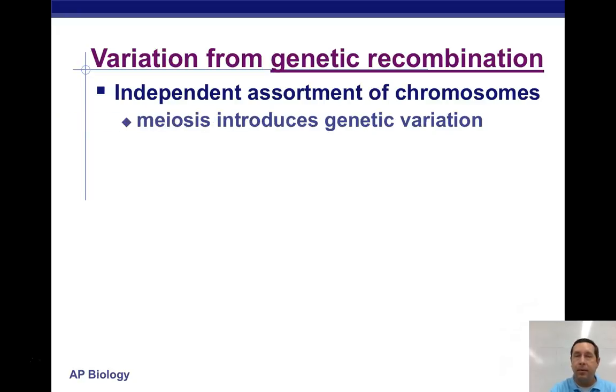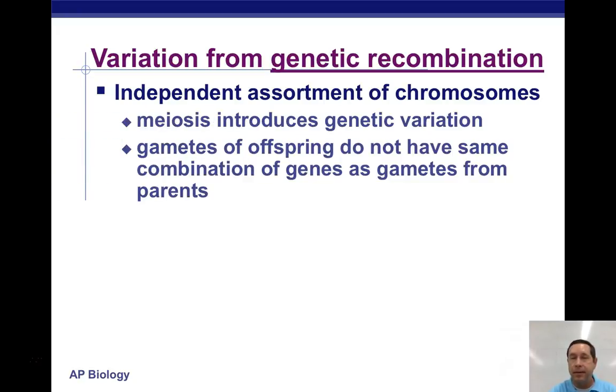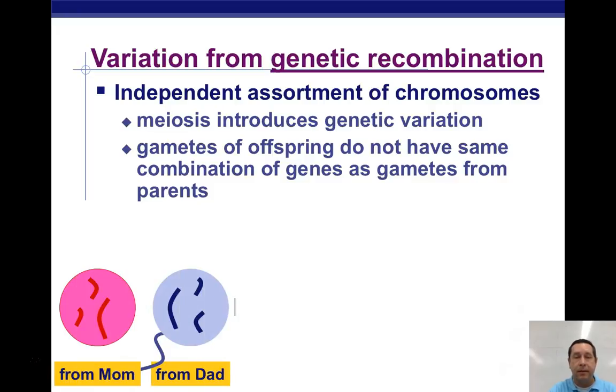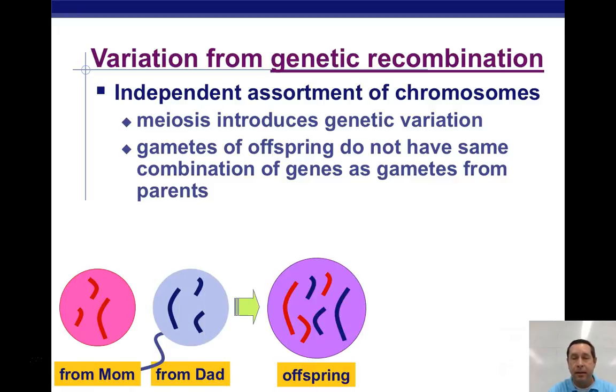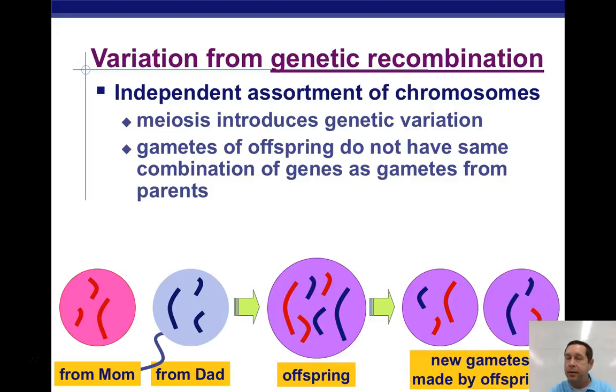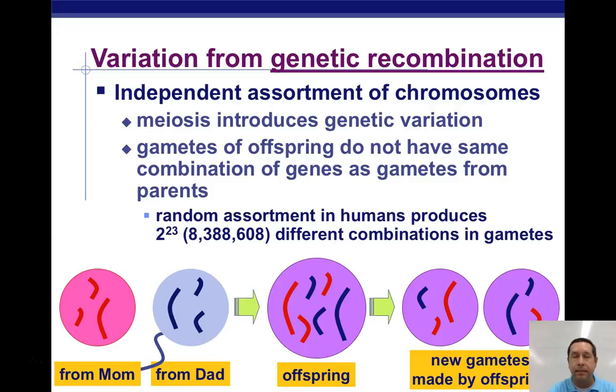Independent assortment, again, we talked about this happens in metaphase. Gametes don't have the same combination of genes as each parent. We've got genes from mom, genes from dad. Offspring are a mixture of mom's and dad's genes. When they reproduce, they can produce unique combinations of gametes, because they'll have some of the chromosomes they inherit from their mom, some from their dad, in each of the gametes.